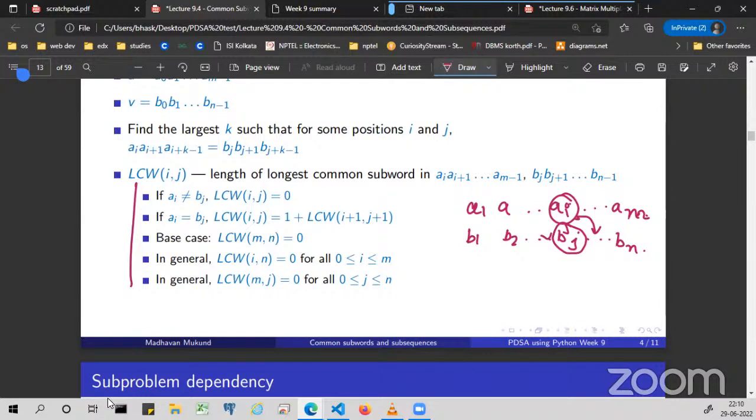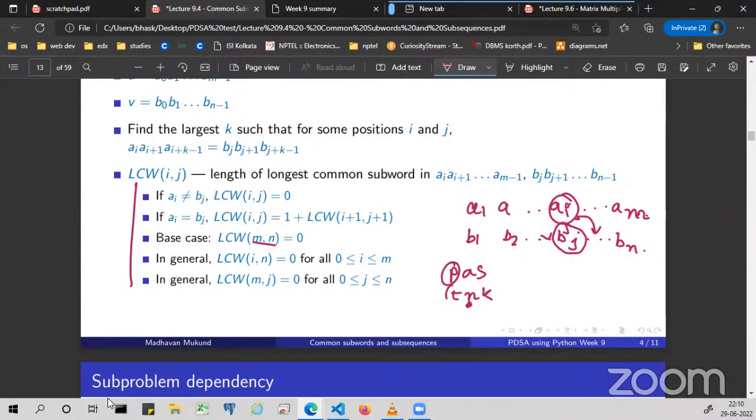We will discuss those things first. The base case is mn, that is, we have reached the end of the string and have not yet got any match. Let's say the first string is PAS and the second is TNK. There is no common match.